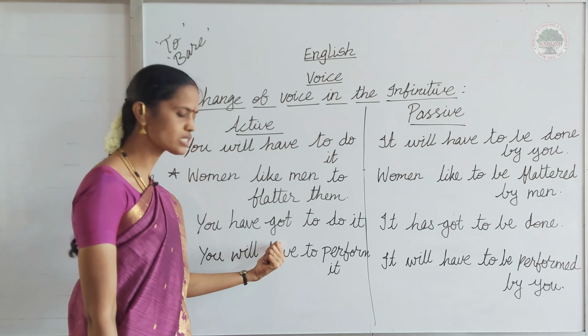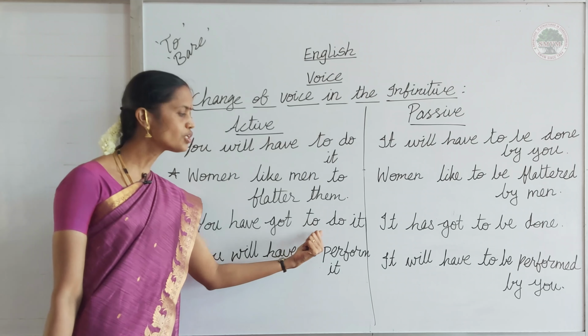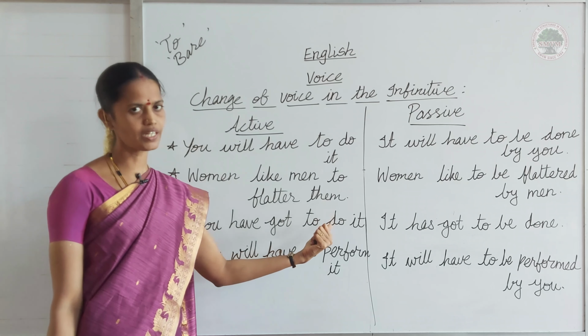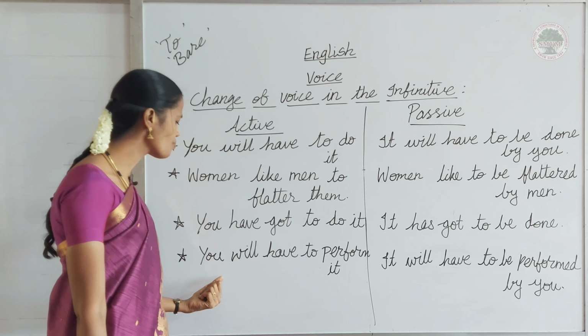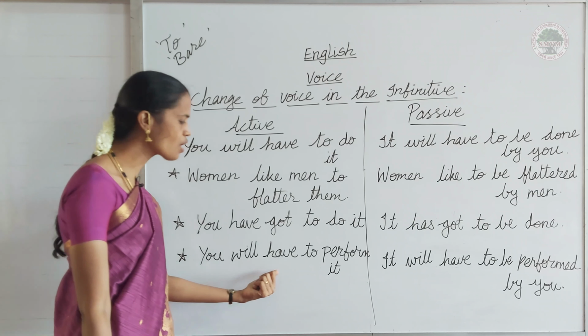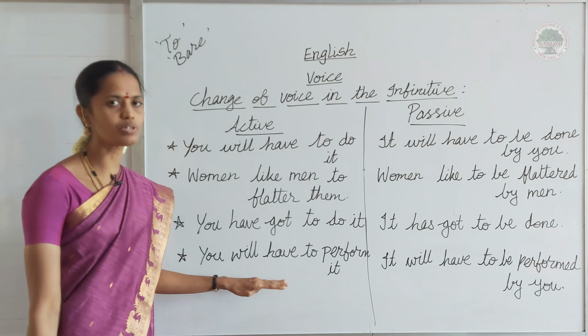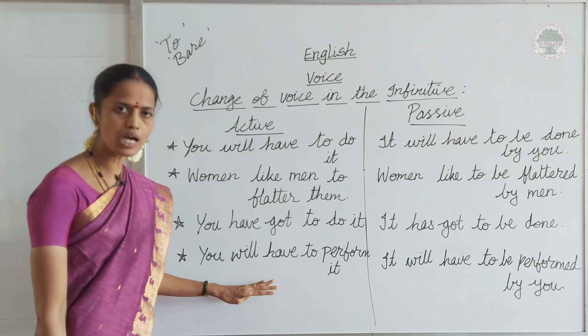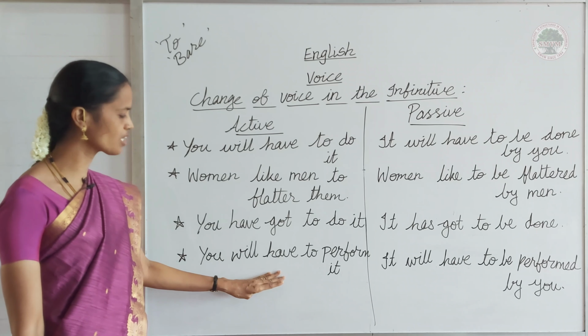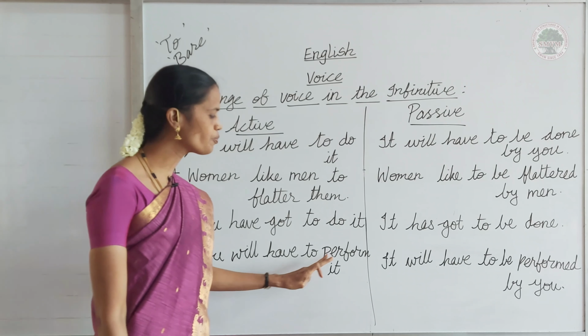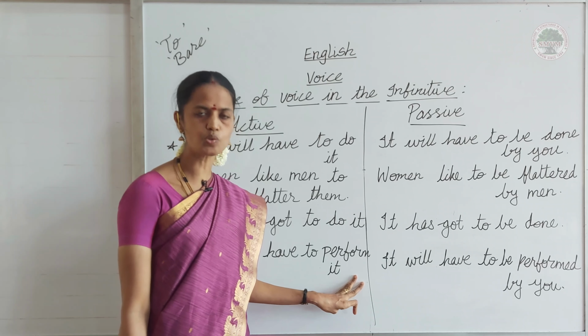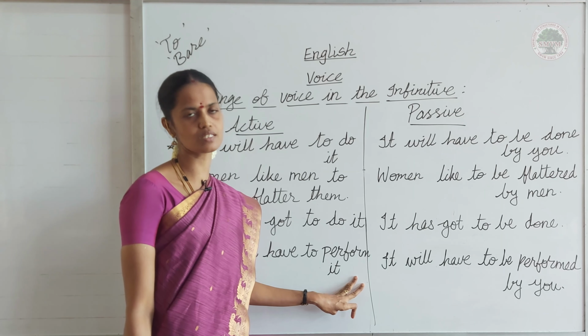Here got is the main verb, and to do is the infinitive. Then the last example, you will have to perform it. Once again, will have is the main verb, and to perform is the infinitive that we used in the sentence.